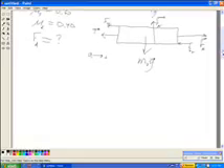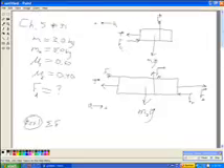Let's do the sum of the forces for box 1. Let's show it so we can see what it looks like. In the x direction, the sum equals, well, the positive direction is the tension force minus the force of friction.